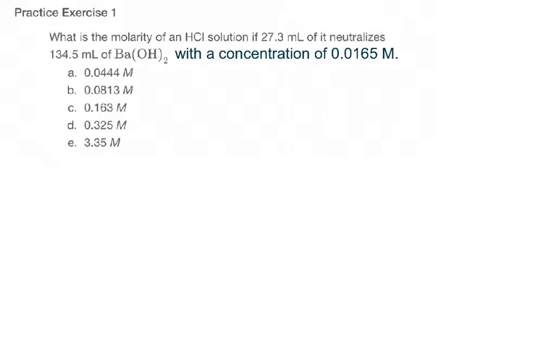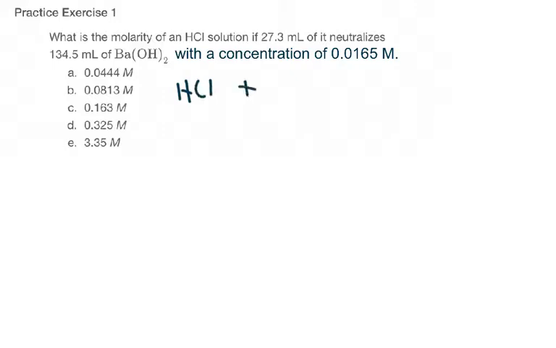First practice problem: what is the molarity of an HCl solution if 27.3 milliliters of it neutralizes 134.5 milliliters of barium hydroxide with a concentration of 0.0165 molar? The first thing I would do is write the equation.